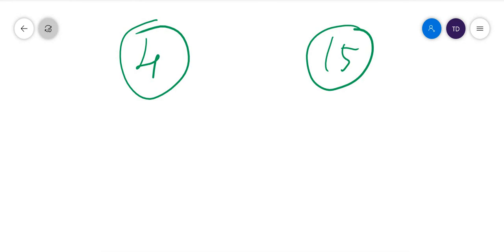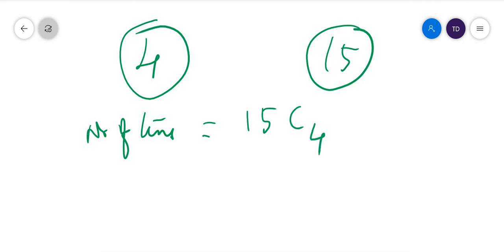So the number of teams we can form with 4 members from 15 students is 15C4, because our formula is NCR. Here n is 15 and R is 4, as we are forming a 4 member team.